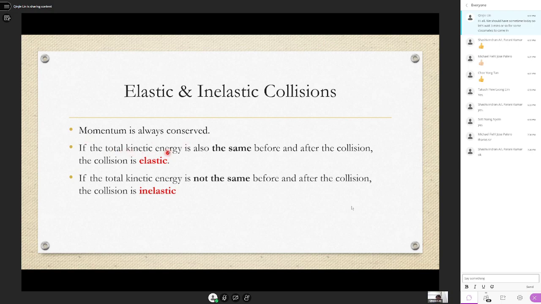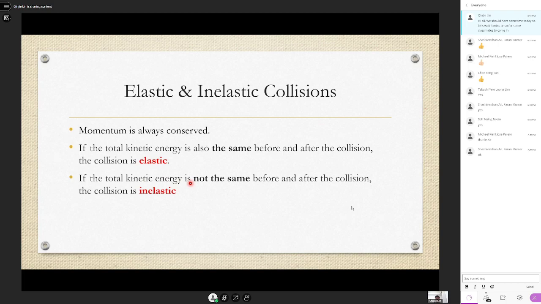But if the total kinetic energy is the same before and after collision, meaning when they collide they have some kinetic energy, and after collision, when they move apart from one another, the kinetic energy is the same as at the start, we call this kind of collision an elastic collision.